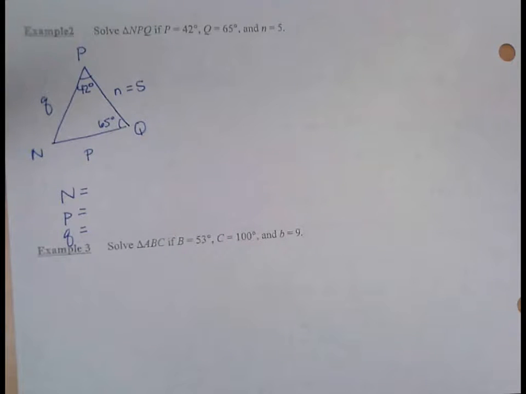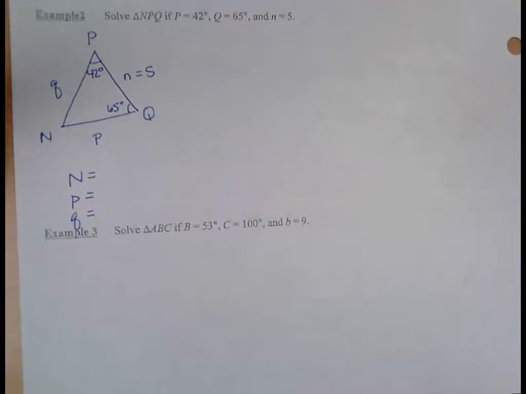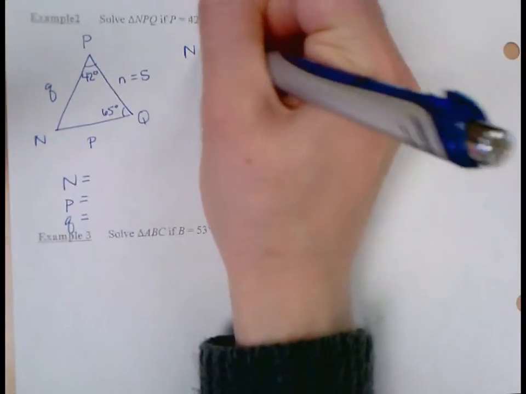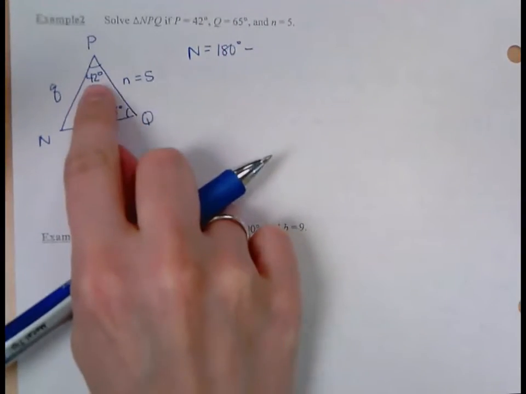How could we find angle N? Yes, the 3 angles in a triangle add to 180. You already have 2 of them. So angle N, if you want to write this down just to remember, would be 180 degrees minus the 2 angles you already have.